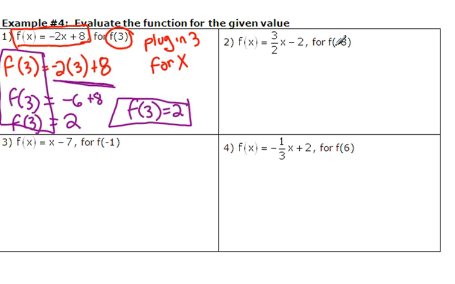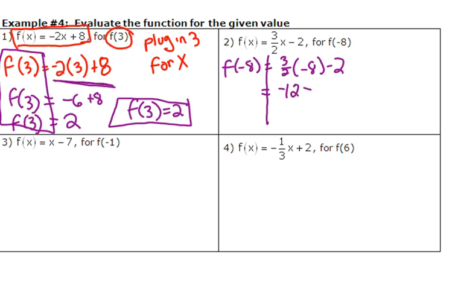So 2 would be the same exact thing. I would plug in negative 8 wherever I saw an x. And then all I do is I solve the right side. So I would take 3 halves times negative 8, which is negative 12.